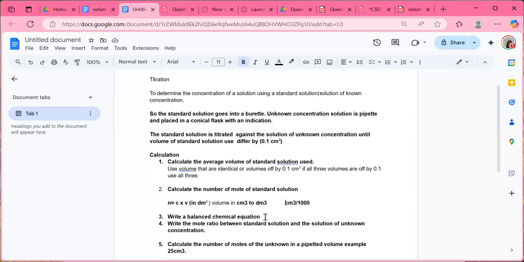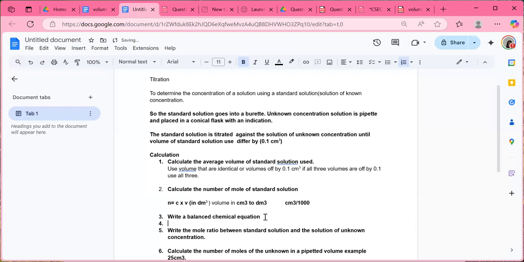Then we are going to write a balanced chemical equation for the reaction occurring between the solutions, the solution of known concentration and the solution of unknown concentration. Then we are going to write the mole ratio between the standard solution and the solution of unknown concentration. So the known goes first.